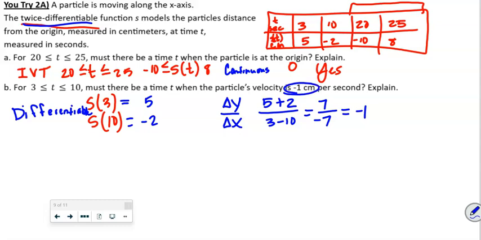That's what it's asking us about, right? Must there be a time t when the particle's velocity is -1 per second? Yes. So the answer here is a yes again. Why? Because according to MVT, between 3 and 10, there is this value right here, and they are equal.